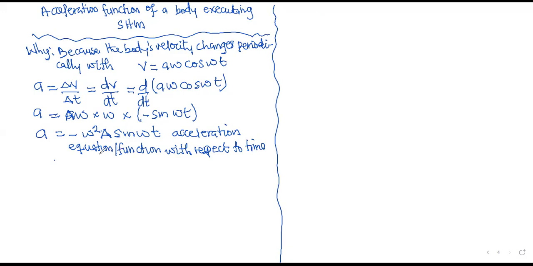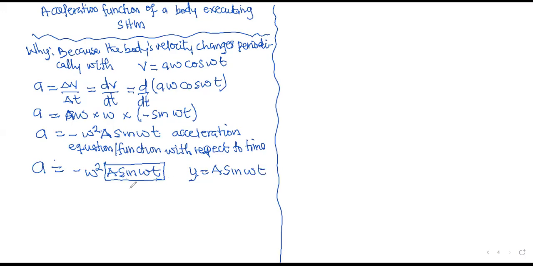Now, if I'm given displacement to find acceleration, how do I do it? Just as we did for velocity. This time around, it is so simple because we don't need to play around with this equation so much to get y into it. Because this part is equal to the displacement equation of a body executing simple harmonic motion. Remember, we had y equal to A sine omega t.